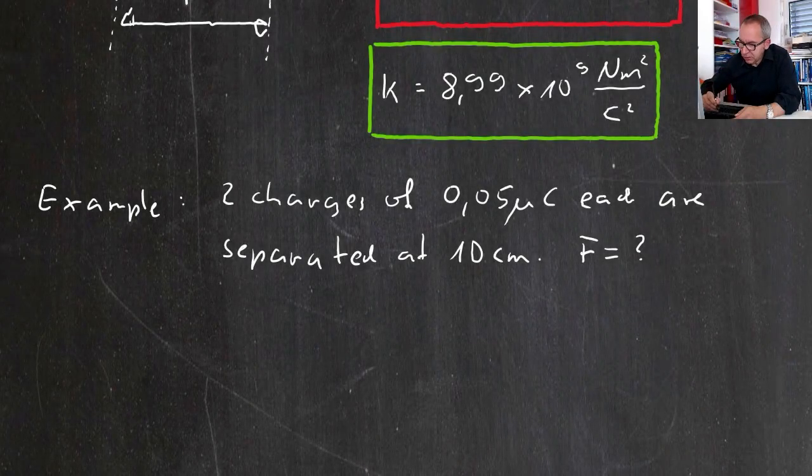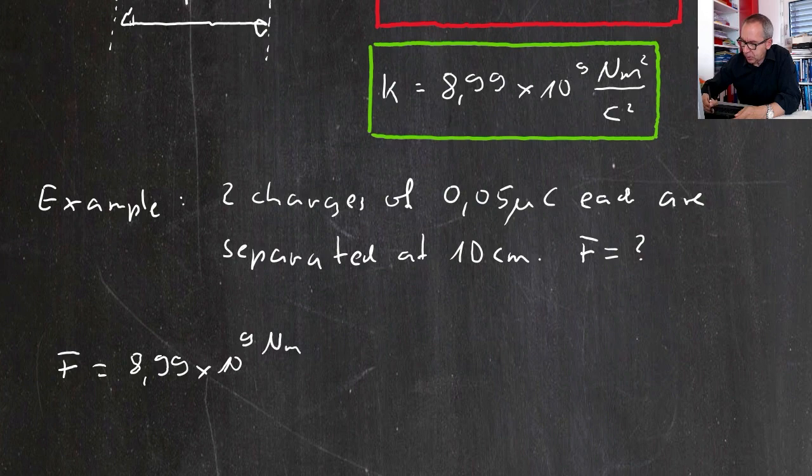The answer is, we just use the formula. It is k, which is 8.99 times 10 to the power of 9 newton meter squared over coulomb squared. Then charge 1 is 0.05 times 10 to the power of minus 6, since micro is 10 to the power of minus 6.